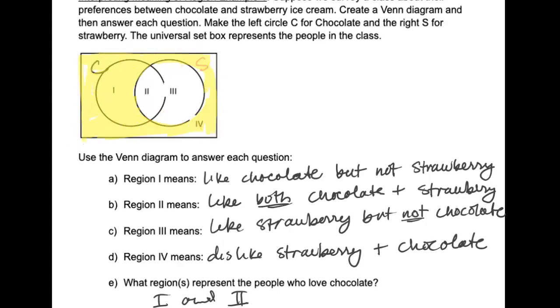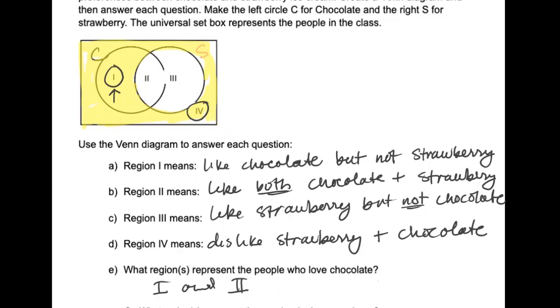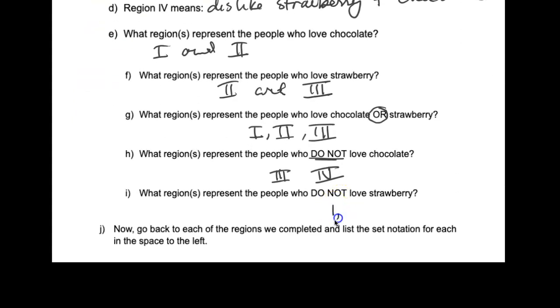So who doesn't like strawberry? We're looking at regions 1 and 4. Region 1 would be people who only like chocolate, and 4 would be people who don't like chocolate or strawberry. So 1 or 4 do not love strawberry.